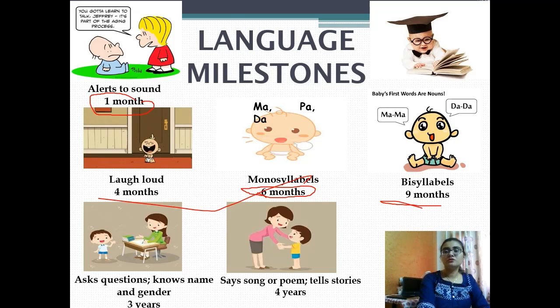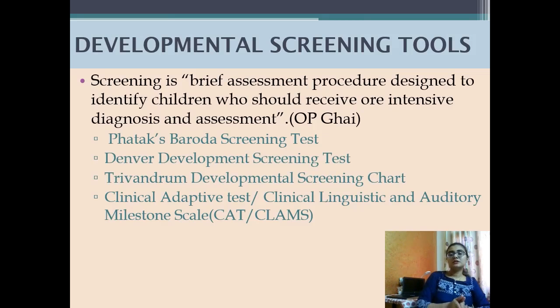Okay, then moving to next. So these are the different ways by which we can assess the development of a child, whether it is proper development or not. Developmental screening tools are given by different scientists, one of which we have already discussed in the form of gross, fine, social and adaptive, and language milestones.